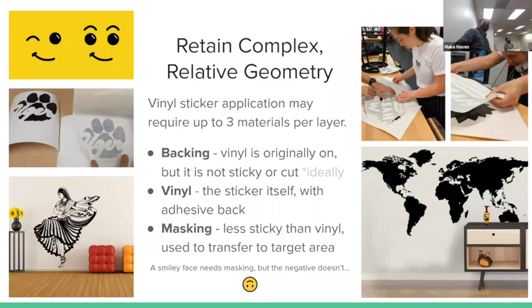So in this case, it's a bunch of text that you want to keep all the letters evenly spaced. You would take the masking, lay it down on top of those parts, and then the vinyl is more stuck to the masking than it is to the backing.